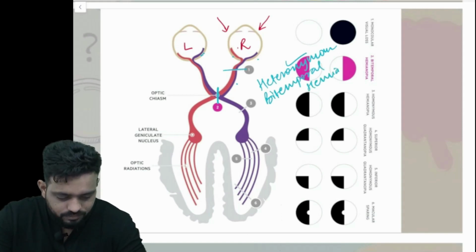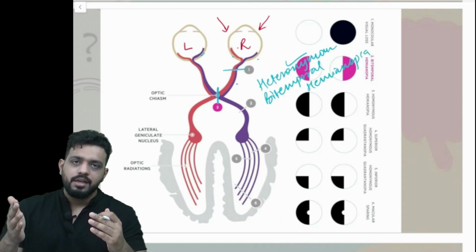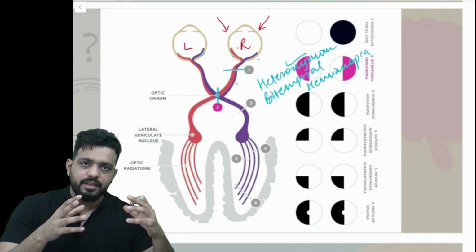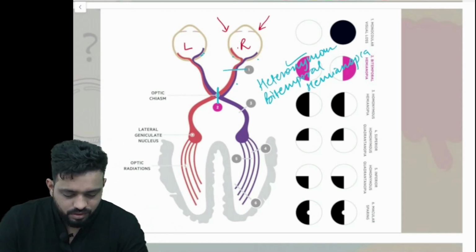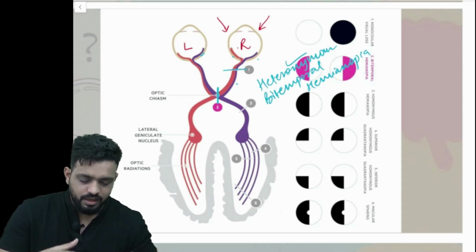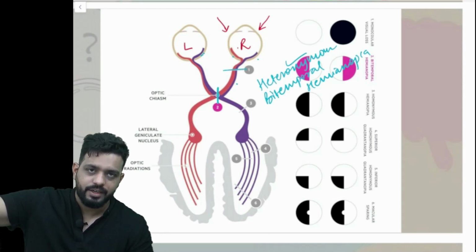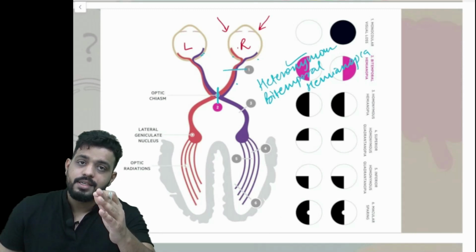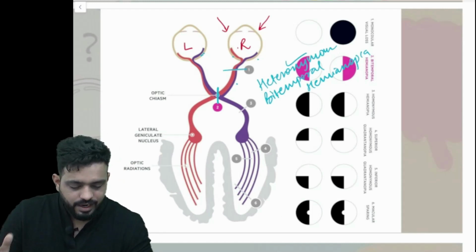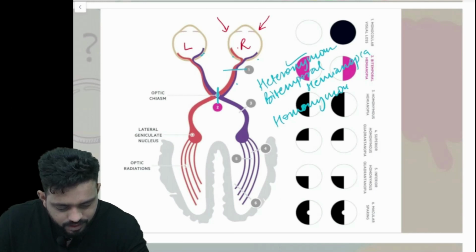Hemianopia. Now, anything beyond the optic chiasma, take any one side. Suppose we take the right side over here. So, anything beyond the optic chiasma up to the lateral geniculate body, if there is a lesion, what will happen is the opposite eye will be affected. Also, the same side eye will be affected, but in a different manner, and that we call homonymous hemianopia.